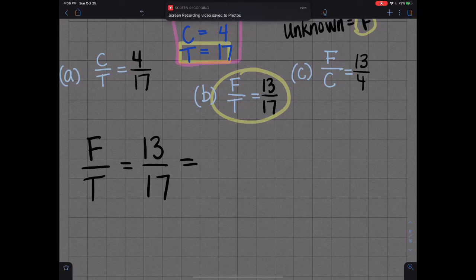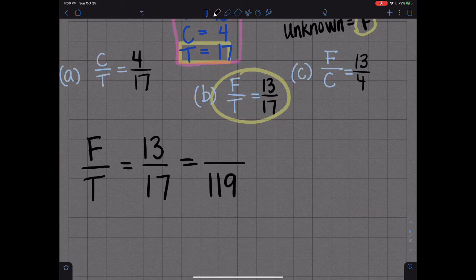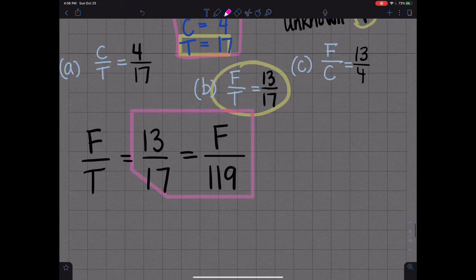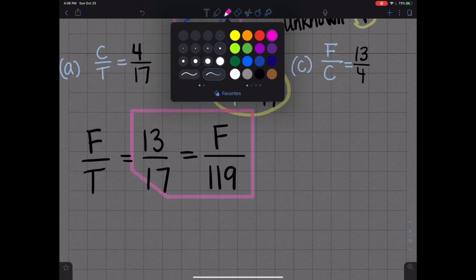Now, to compare it to the new total, we're going to put the new total at the bottom here, which is 119. And then I'm going to put F on top because that's the unknown. And then this is the part of the equation that you solve just like anything else, okay? Just like we were doing before. The way that we're going to do it is we're going to cross multiply.